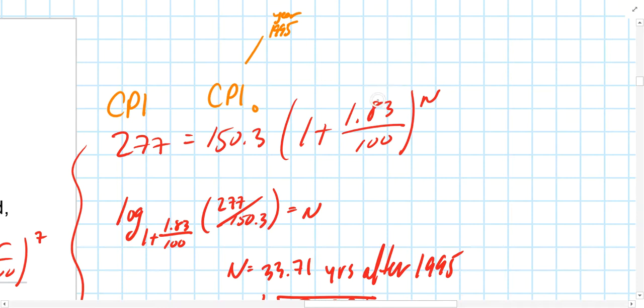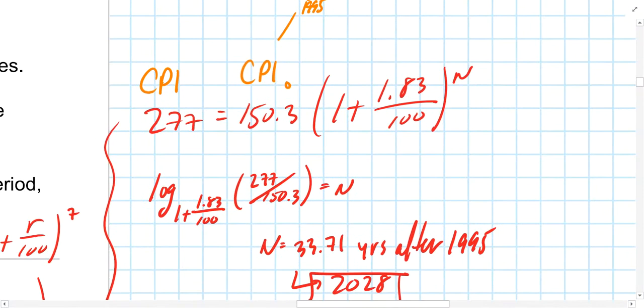Unlike the prior two expressions, R is reported as 1.83 rather than 0.0183, and that's because this particular function does account for the moving of our decimal point by utilizing this division of 100. So we have an R value of 1.83. This came from part A. And now our objective is to solve for n. How many years after 1995 does the consumer price index reach 277?